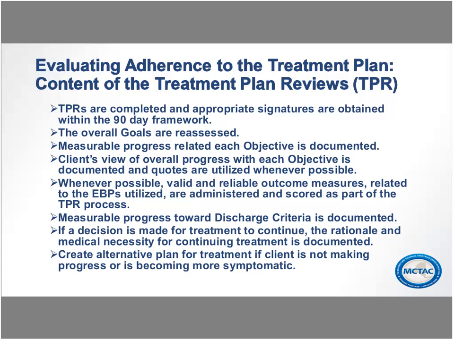Why are we continuing treatment? In a very specific framework. Create an alternative plan for treatment if the client is not making progress or is becoming more symptomatic. So let's clearly state what's working, what's not working, what the client says about it, and how we have course corrected based on that feedback.